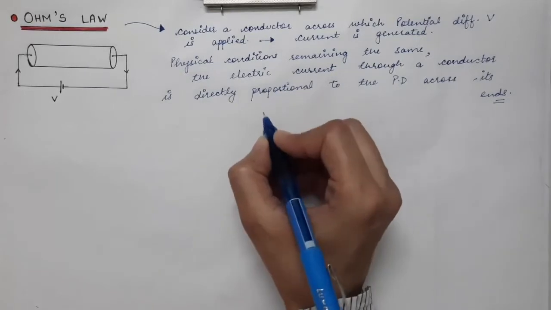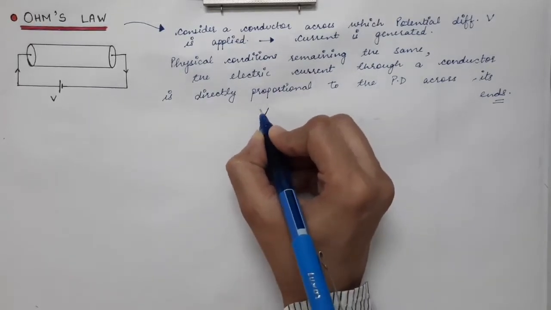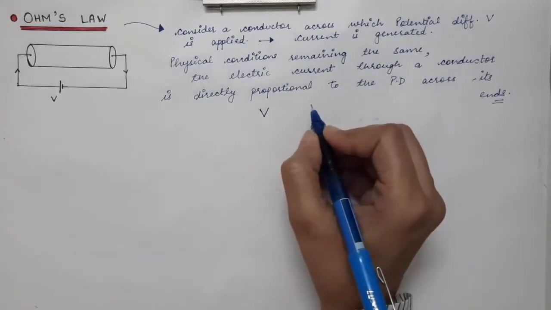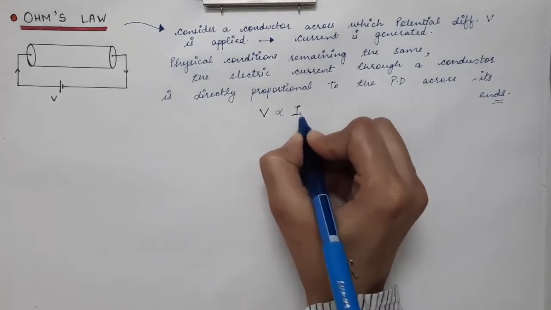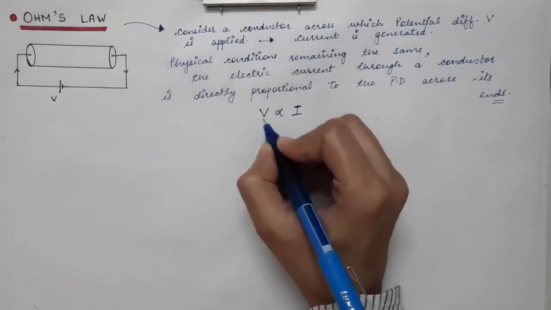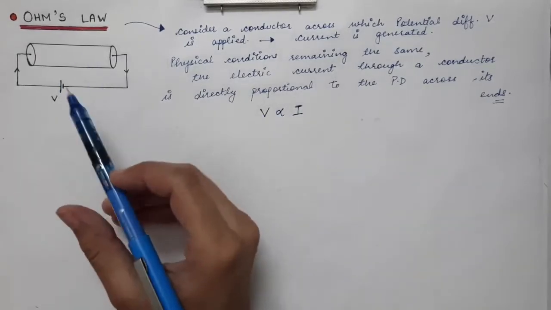So the potential difference applied across its ends is directly proportional to the current produced. The more the potential difference applied, the more the current.